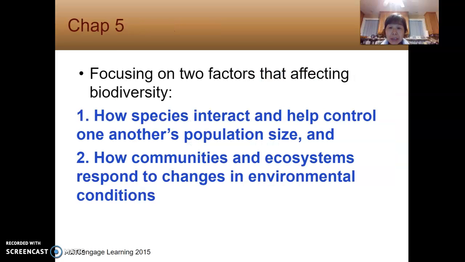So in Chapter 5, we're going to focus on 2 things. Number 1, how species interact and help control one another's population size. And number 2, how communities and ecosystems respond to changes in environmental conditions.